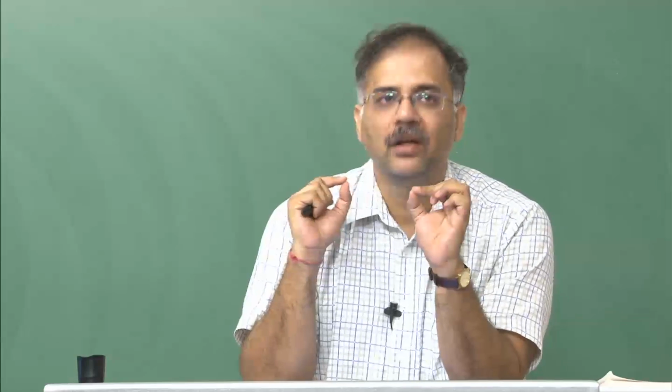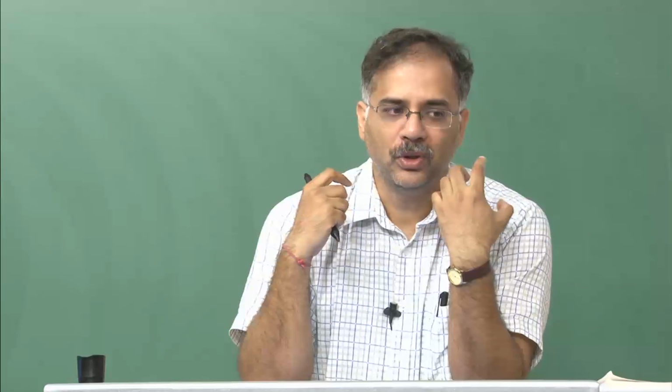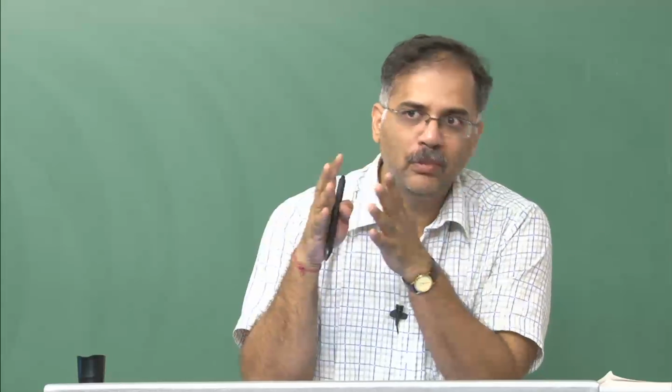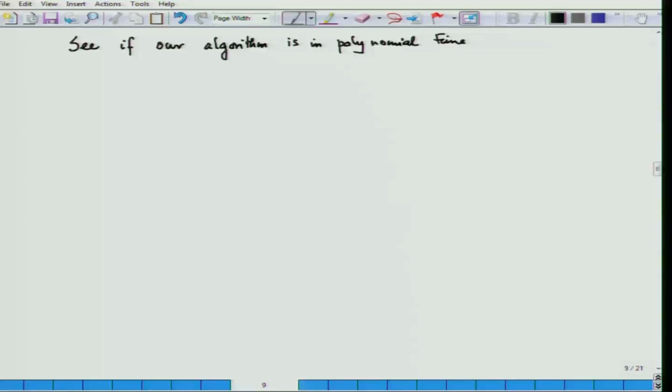So, it is a polynomial in n. If I know what n is, I can say that within this number of steps my algorithm is actually going to finish up. There are a lot of issues here, but we are not getting into too much detail.